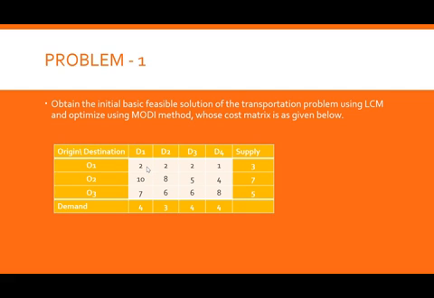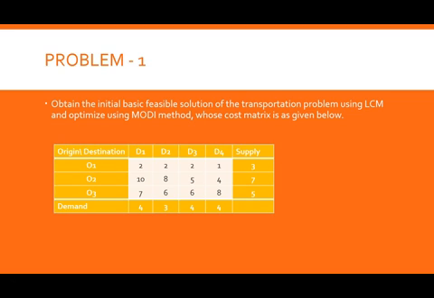And the cost matrix given to us is 2, 2, 2, 1, 10, 8, 5, 4, 7, 6, 6, and 8. So this problem we are supposed to solve first for IBFS using LCM and then optimize the solution using Modi method.